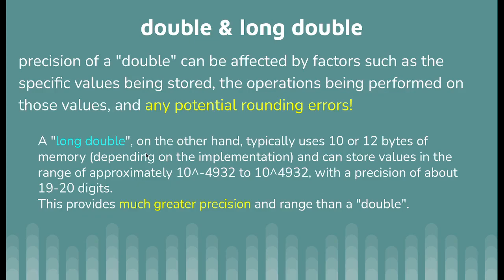The idea is that it saves numbers like 1e to something, so it can hold a very big number, up to around 4932 as the power of 10, and because of that it sometimes loses precision.